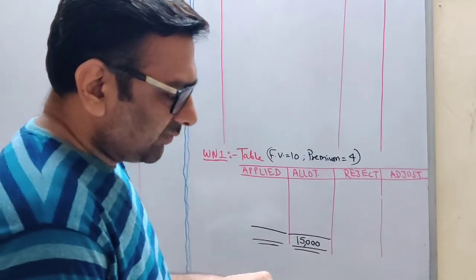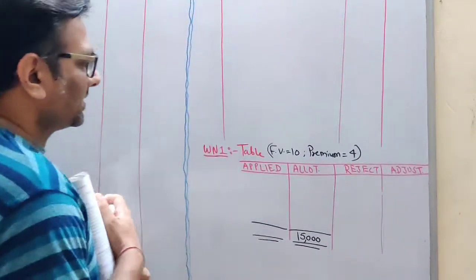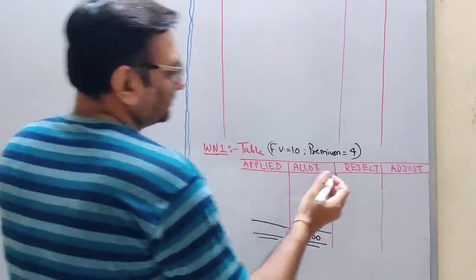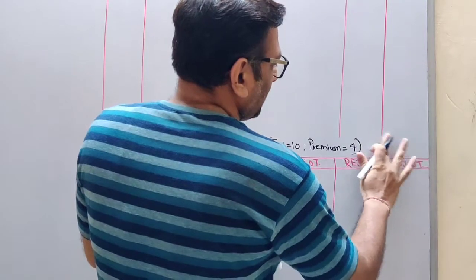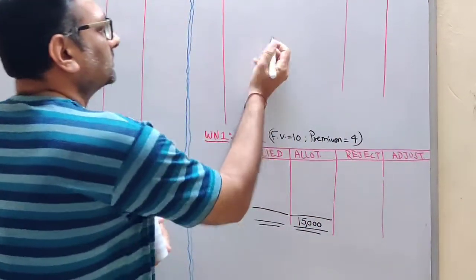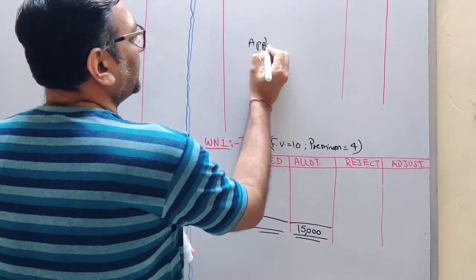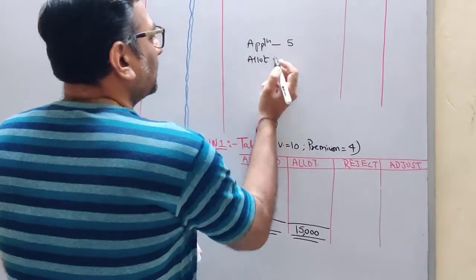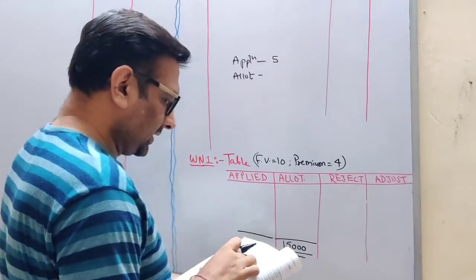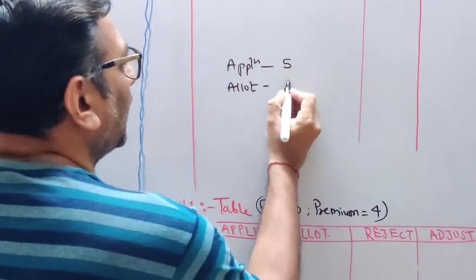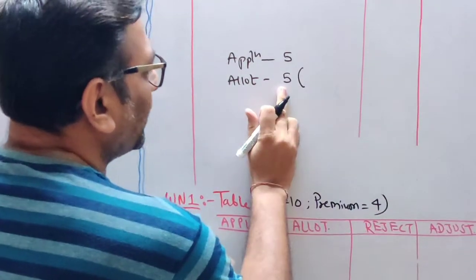Now, payable as follows. On application 5 rupees. I will write this here. Application is 5 rupees. Allotment is 5 rupees including premium. So how much is premium? Allotment is 5 rupees including premium.